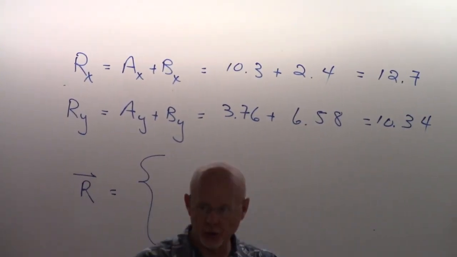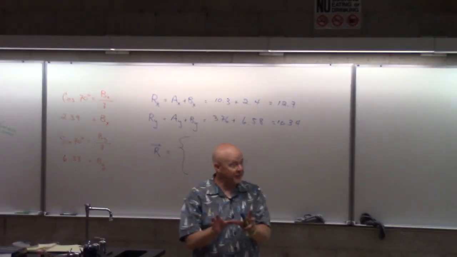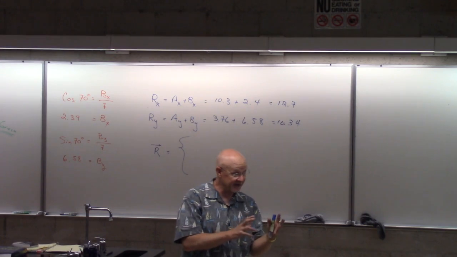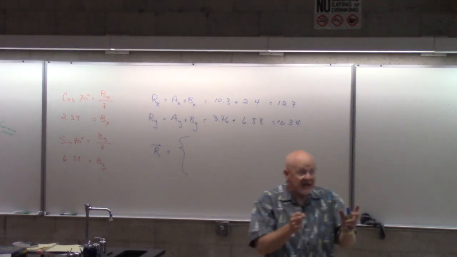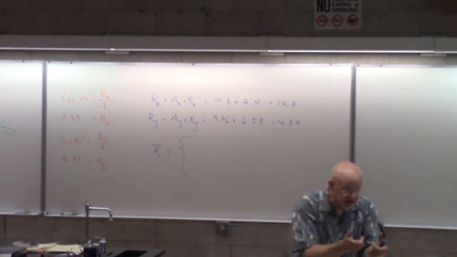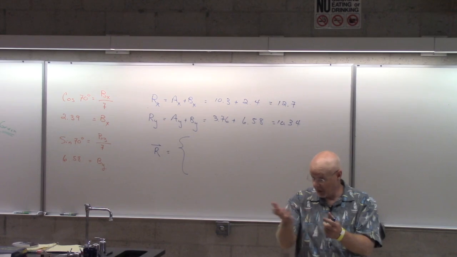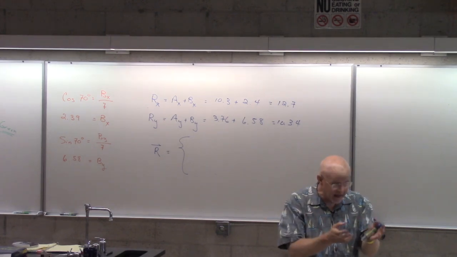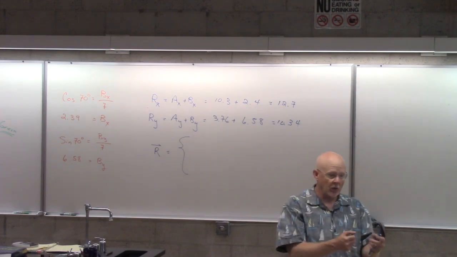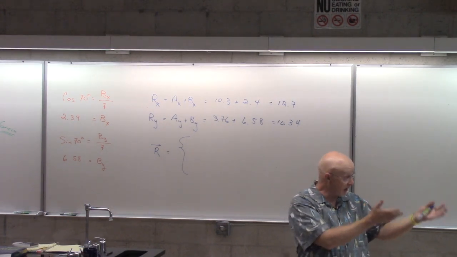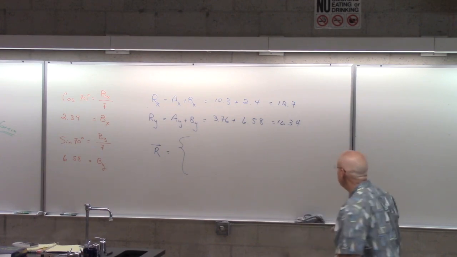Those two little hikes each had to be thought of as separate little hikes, x and y for each of them, so we can put x's with x's and y's with y's. Now we can finally do the reverse of this. How do you get the magnitude? Well, there's our Pythagorean theorem, right? We've got the x piece and the y piece, so we will use the Pythagorean theorem to get the hypotenuse. How big is R?